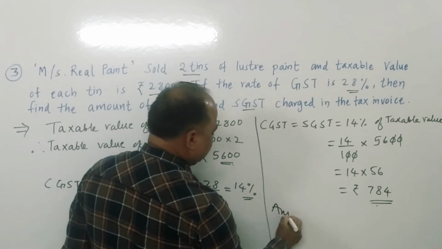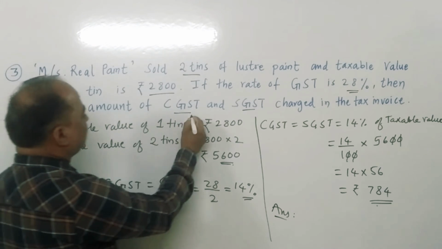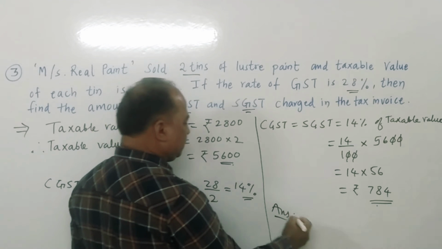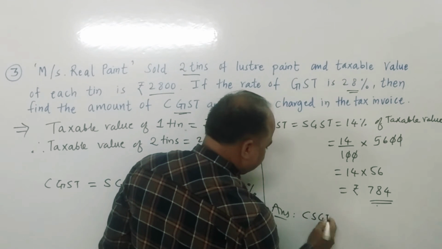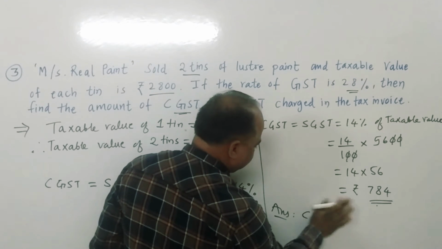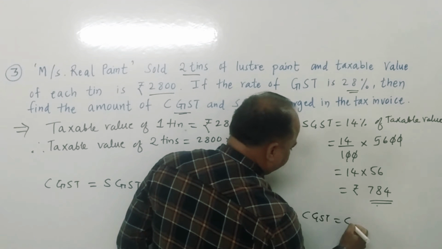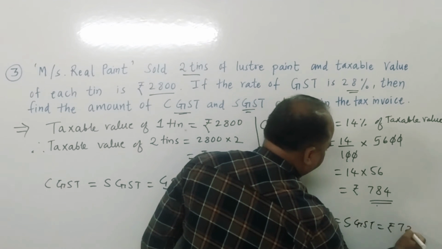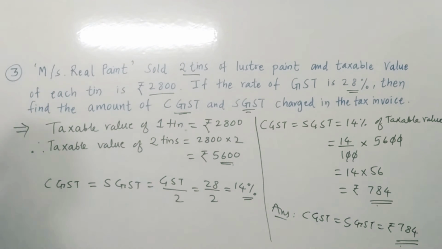So the amount of CGST and SGST charged in the tax invoice will be rupees: CGST is equal to SGST, which is equal to 784 rupees, which will be charged in the tax invoice.